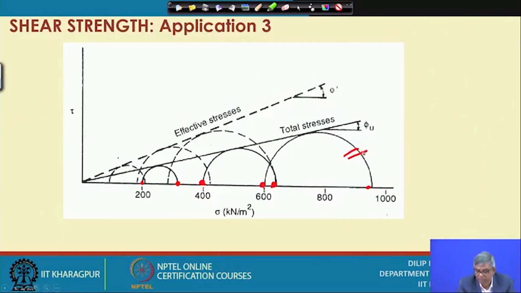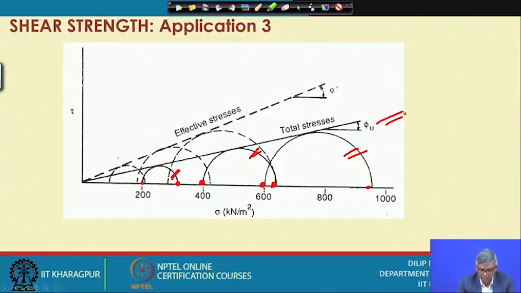So, I have got circle 1, circle 2 and circle 3. You can see these 3 circles and I have drawn a tangent, and whatever parameter I am getting now, that is phi u.